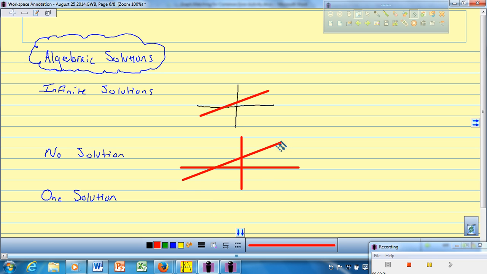But if there is no solution, then they are parallel and never touch. And then one solution? It's where the 2 lines cross. They just cross once. What if there's no line? For a system, there has to be 2 or more. So this one would look something like that. Okay? A little sketch for each.